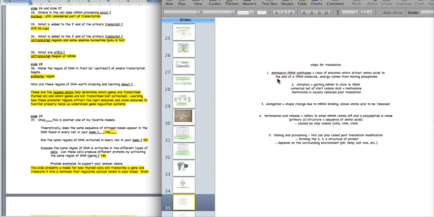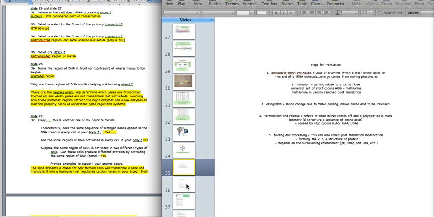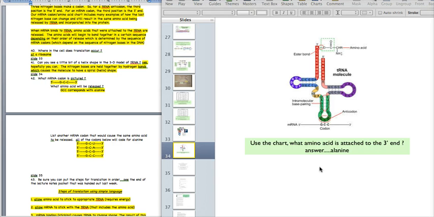Here's a fancy way of looking at those steps from your textbook, different textbooks. Quite honestly, let's put this in simpler terms. Remember, this is the wobble position right there.